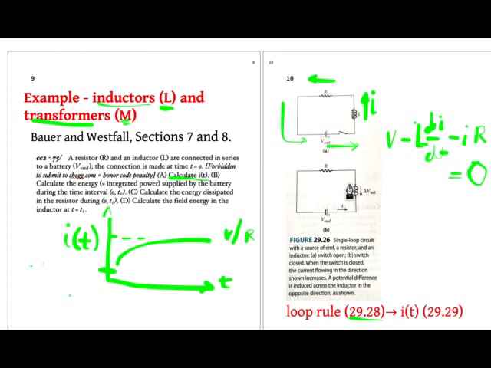So there'll be energy stored in the inductor. And for example, part D of the question is to calculate the field energy in the inductor at some time, T1, some chosen time to calculate everything. The formula for the current is in the book, chapter 29, equation 29.